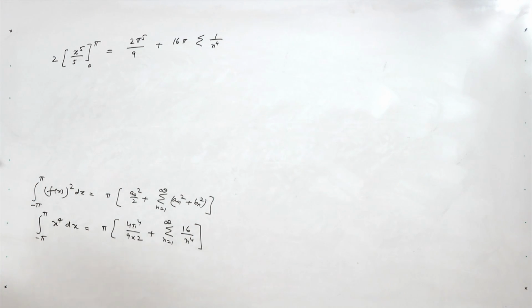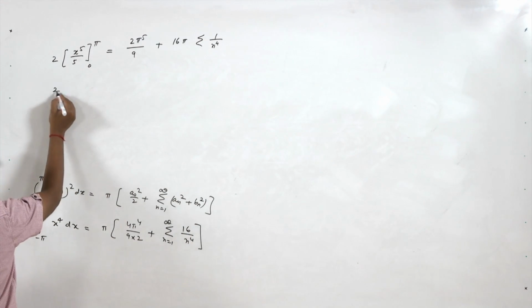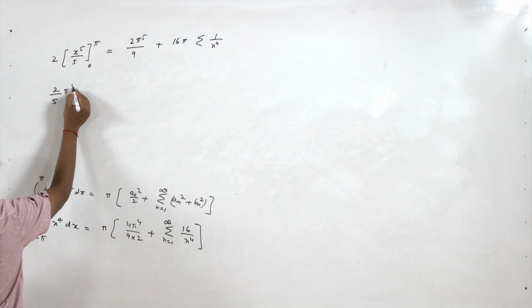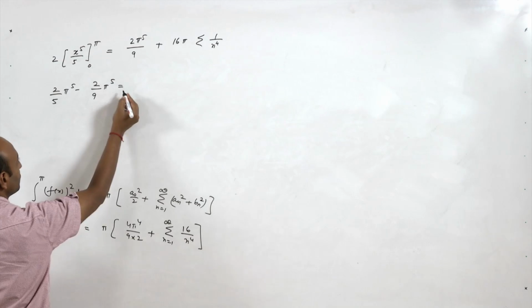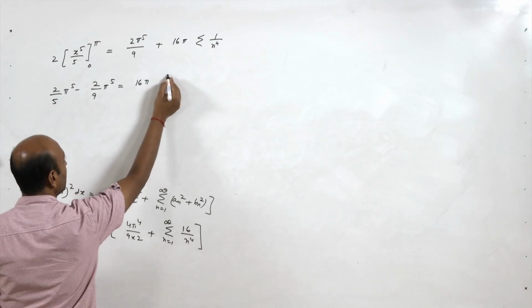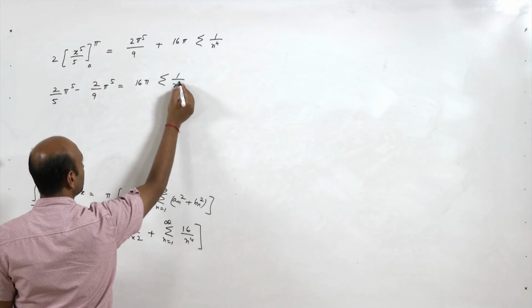Now, this is nothing but 2 upon 5 pi to the power 5 minus 2 upon 9 pi to the power 5, which equals 16 pi into summation 1 by n to the power 4.